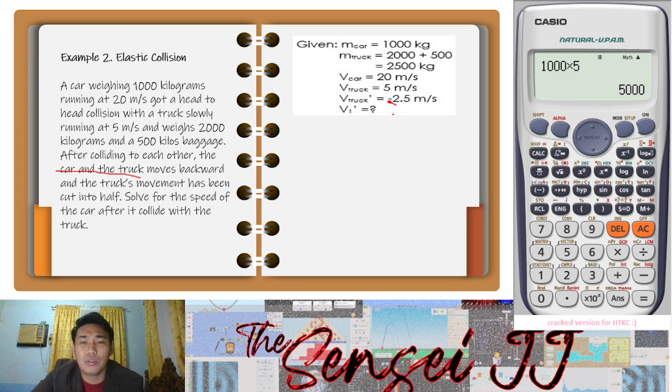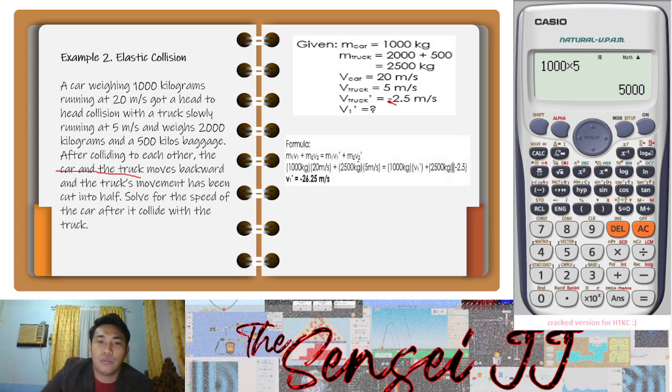So we will be looking for the velocity of the car, which is v1 prime. We will be using the formula m1 v1 plus m2 v2, which is equivalent to m1 v1 prime plus m2 v2 prime. Substituting the values, we have 1,000 and 20 for our car, and 2,500 and 5 for the truck.